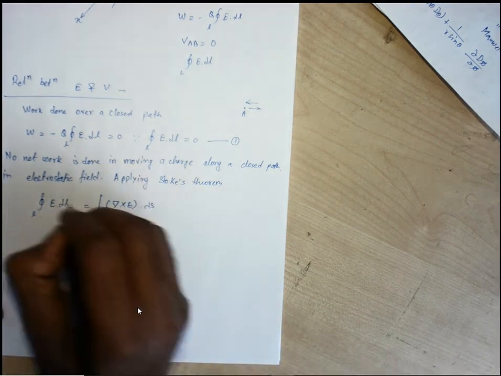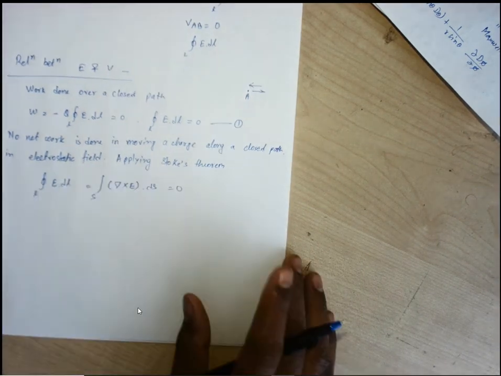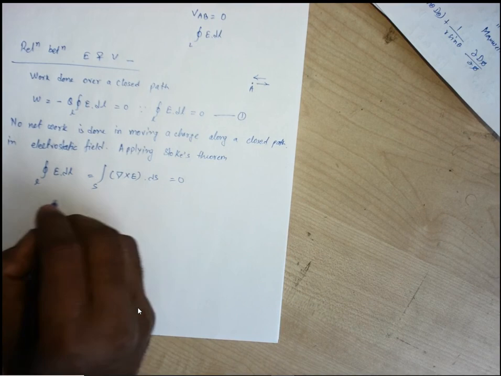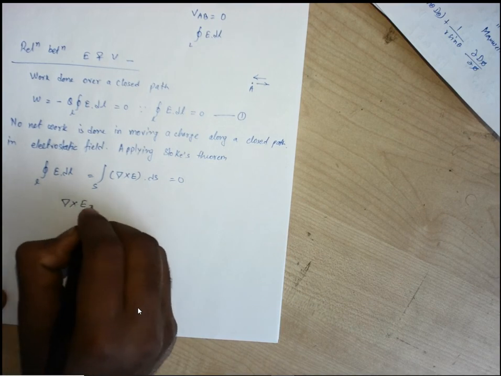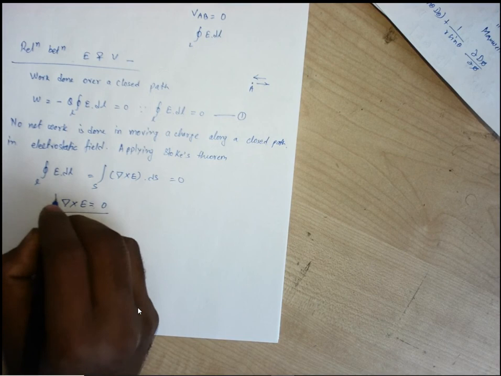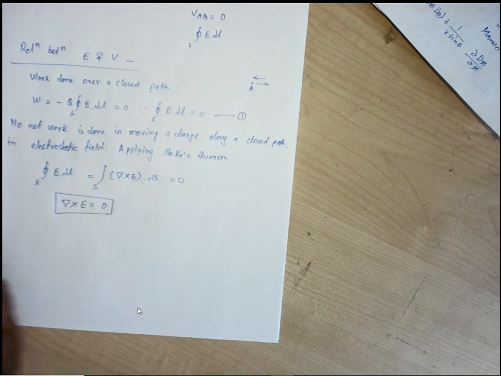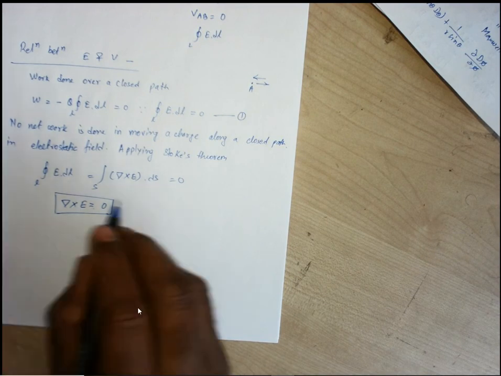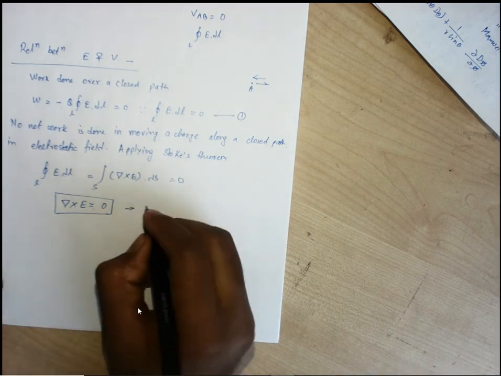This E dot dl is for the electrostatic field. So we can say del cross E is equal to 0, that is, the curl of E for the electrostatic case is completely 0. There is no curl of E, no rotation of the electric field in the electrostatic case, and that is known as Maxwell's equation.